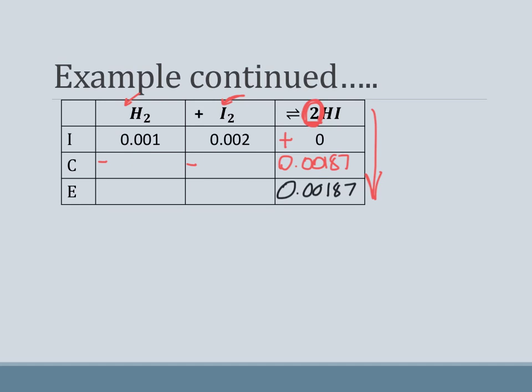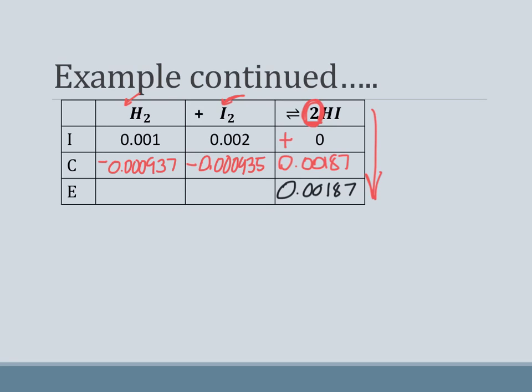So we're going to divide our 0.00187 in half, and we're going to have 0.000935 for both of these because they have the same coefficient. Okay, so we're just using the coefficients to find a new ratio. We know that we have formed 0.00187 HI in the course of the reaction, and we have reduced our starting values by the 0.000937.